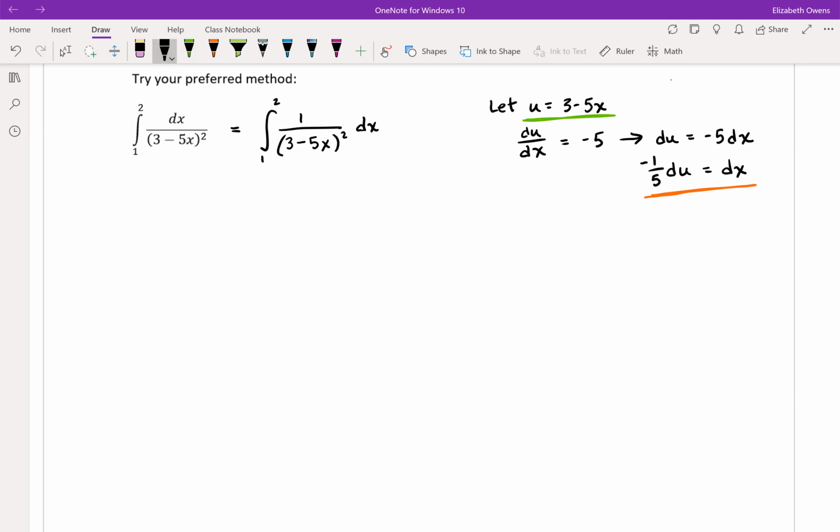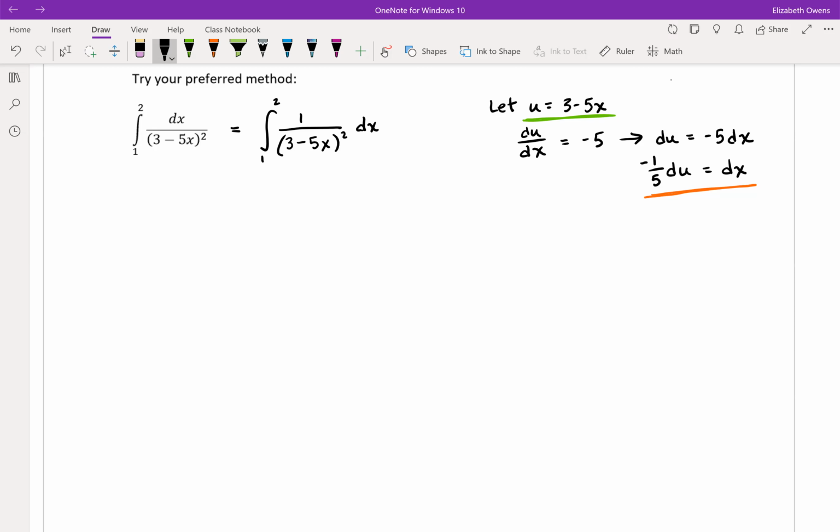Now remember that we also need to deal with the limits of this definite integral, our limits of integration. There are two options. You can either convert the limits to values of u, or you can keep placeholders, do the integral, and then put the limits of integration back on once you're back in terms of x.